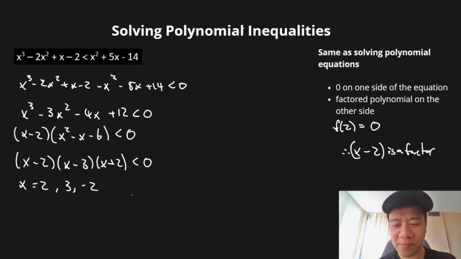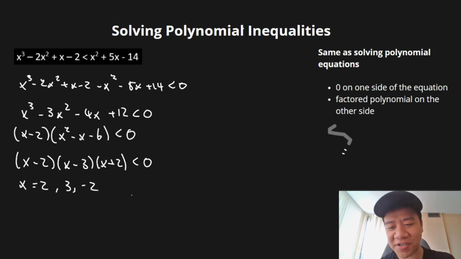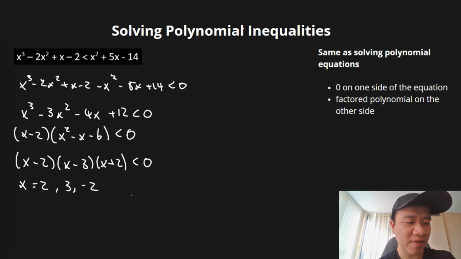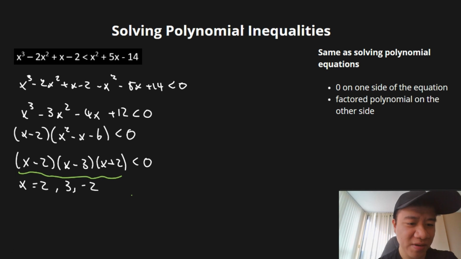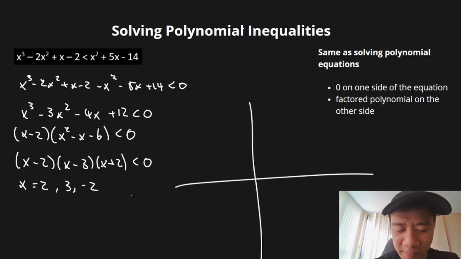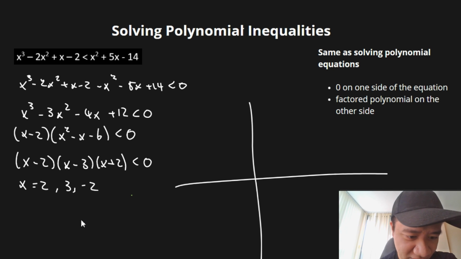The first way we do is we can graph our polynomial over here. If you remember from graphing polynomials before, each one of these is an x-intercept.